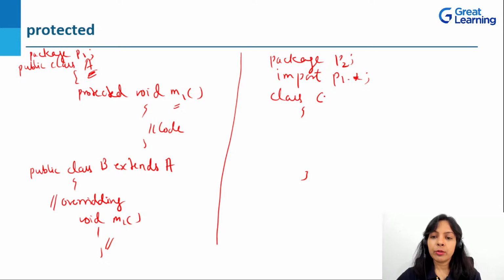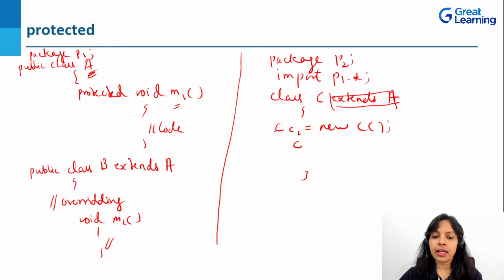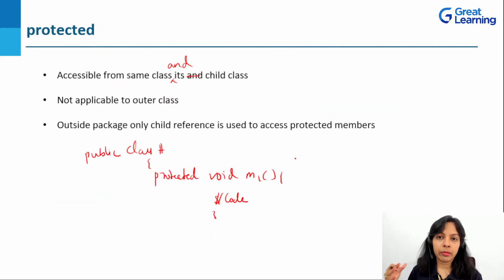You have to extend this, or even if you don't extend this, you have to create the object of class C, that is new C, and using this child class, C dot m1, you have to refer to it. So in protected, just keep this in mind: although protected data members or protected methods are accessible within the package and even outside the package, outside the package it is only in the child class of the given class and only by using a child class reference, that is, a child class object.